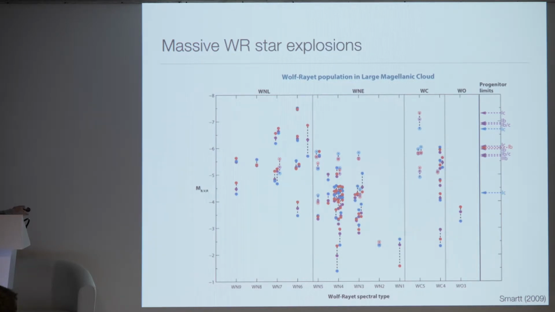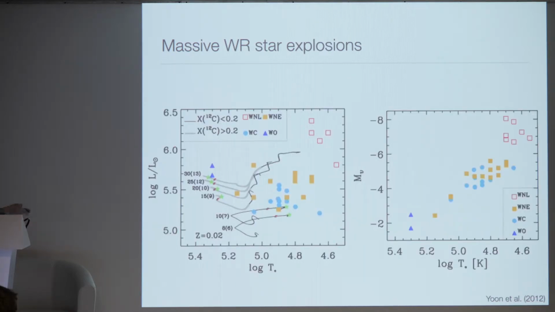But what this argument is probably missing is that this is one example of the evolution of single Wolf-Rayet stars. As the Wolf-Rayet star evolves, it goes hotter and hotter, and it explodes at this end, which is extremely hot.